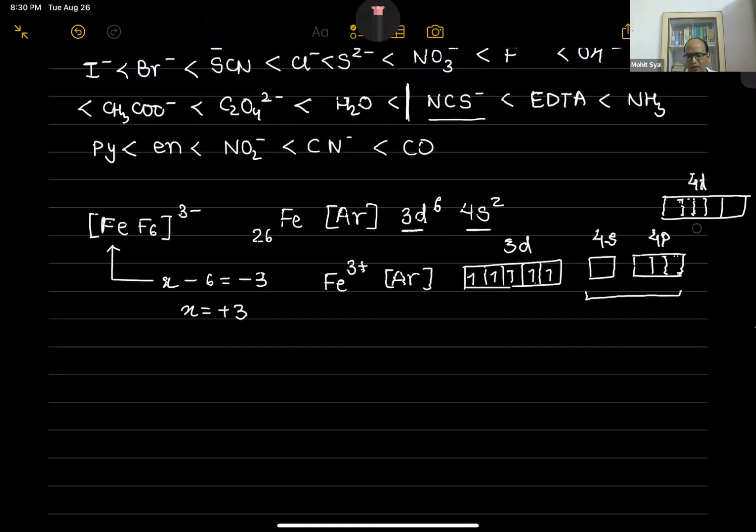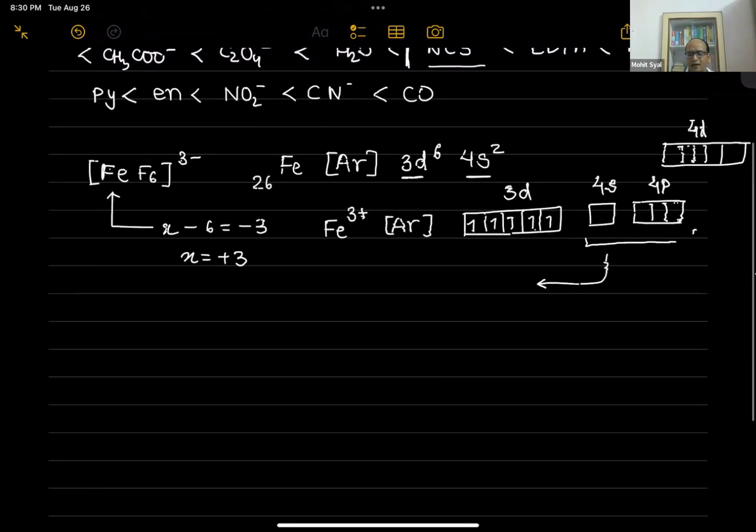Before bonding with F minus, we will make them the same, homogeneous, and that process is known as hybridization. Got it? The hybridization is going to be sp3d2 hybridization. Is it clear or not?